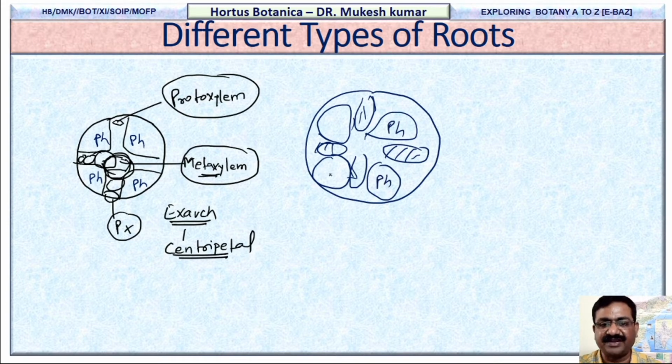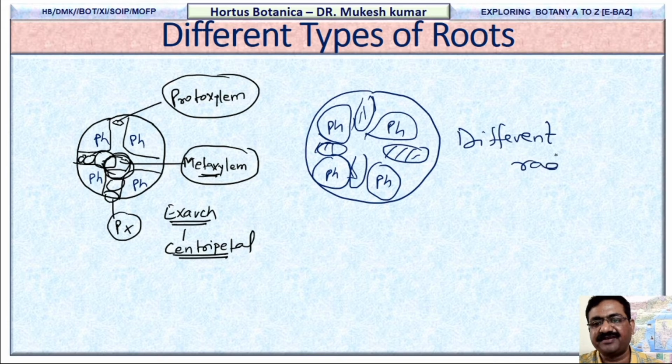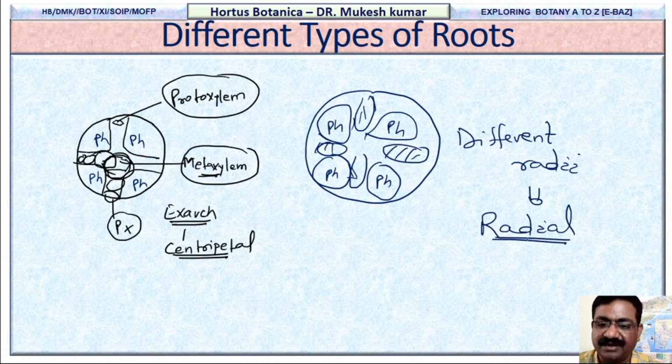So what you are finding, xylem and phloems are present on different radii. If they are present on different radii, this is the very good arrangement of root, either in dicot or in monocot, and this is called radial arrangement of vascular bundle.